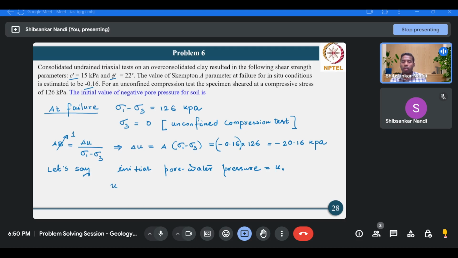Your final pore water pressure will be U0 plus delta U, that is U0 minus 20.16.